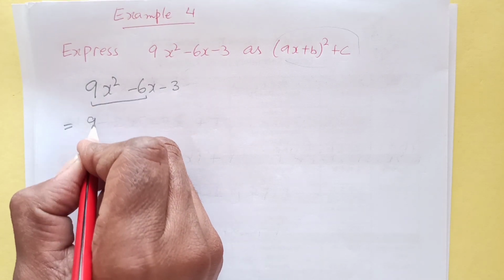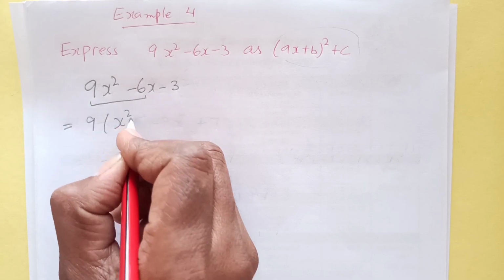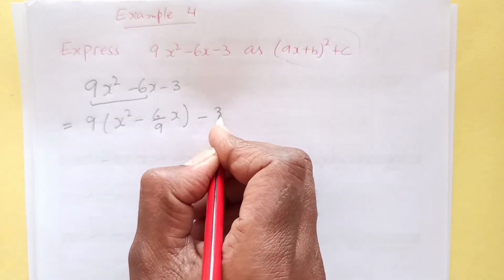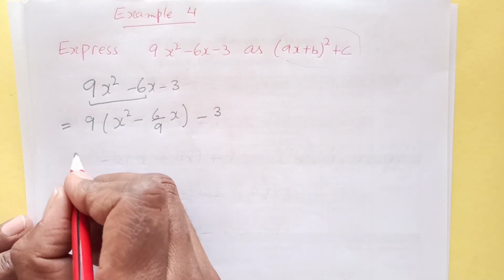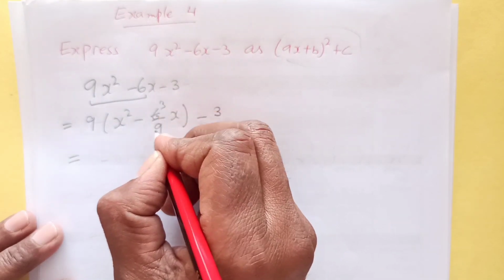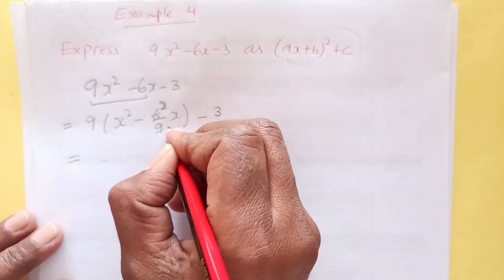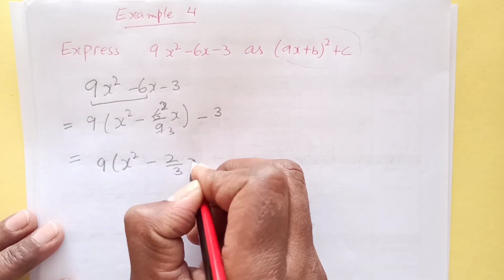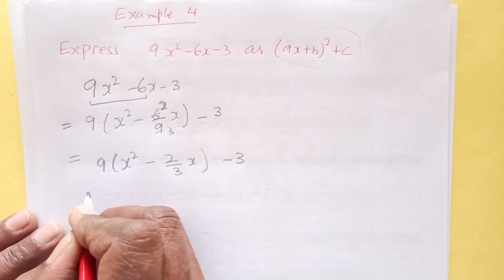So when you take out 9, it's going to become x squared minus 6 over 9 x minus 3. If I simplify, 2 times 3, 3 times 2 and 3 times 3, this will become x squared minus 2 over 3 x minus 3, right?